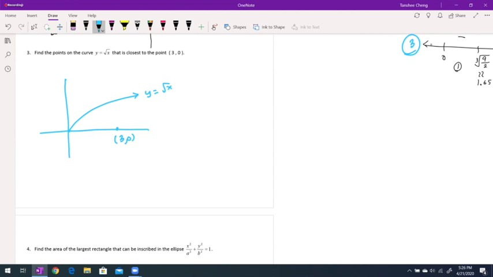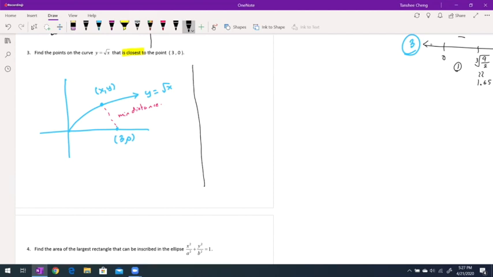We want to find a point on the curve, which is going to be (x, y), that is the closest to this point. When we talk about the closest, that basically means the distance between these two points is the minimum. Right? The distance is the shortest.